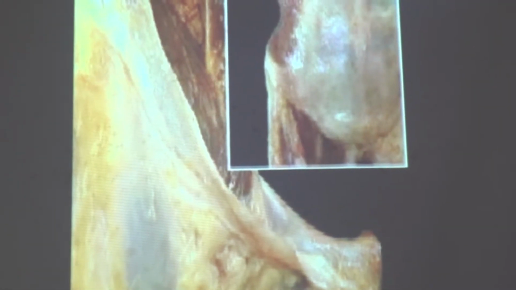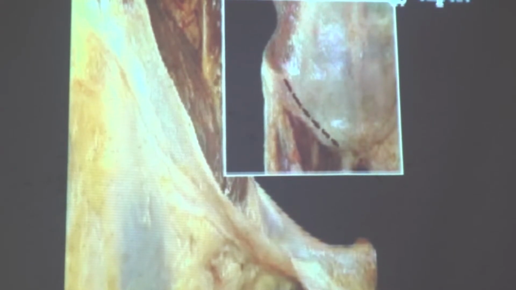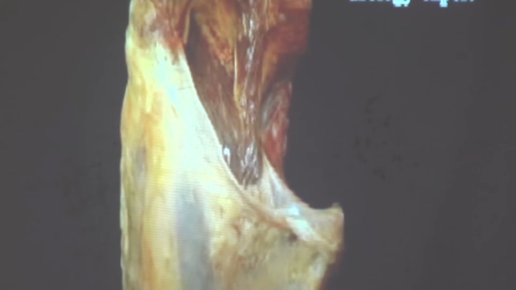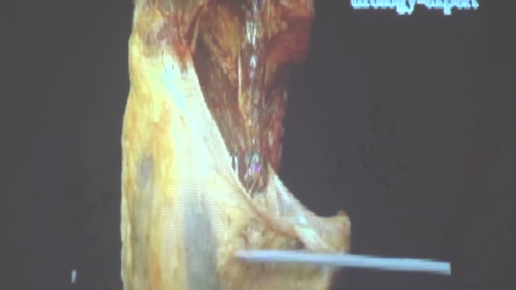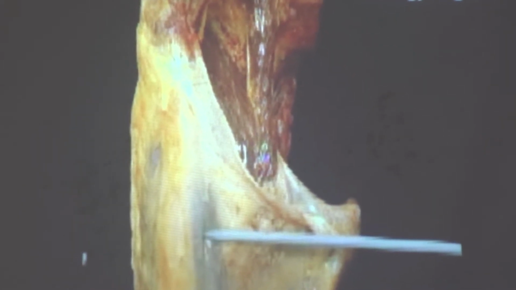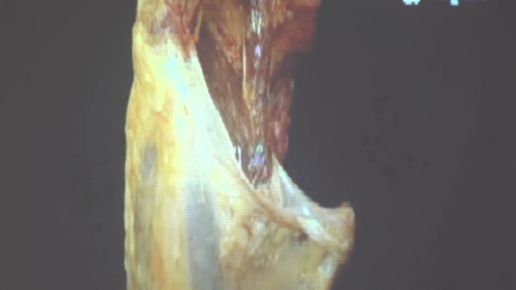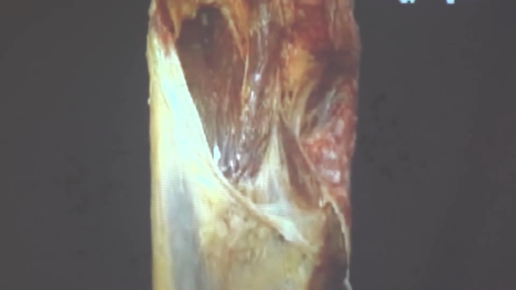If you see here, the fascia lata of the thigh merges with the inguinal ligament, so it is difficult to demarcate the inguinal ligament on the distal aspect. That's the fascia lata, which fused with the inguinal ligament.